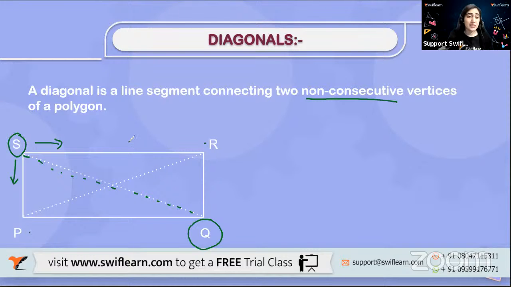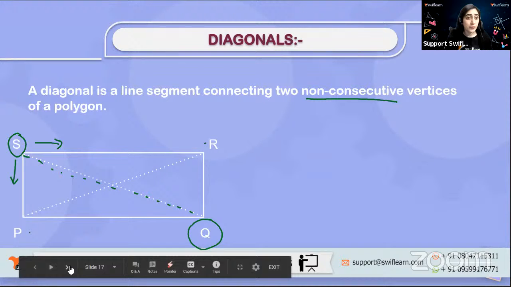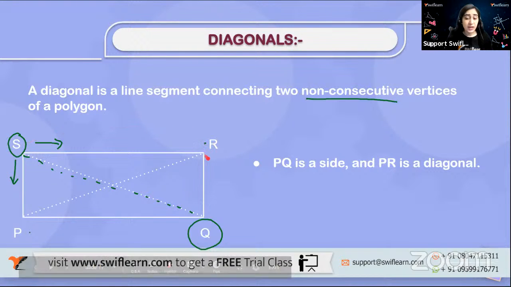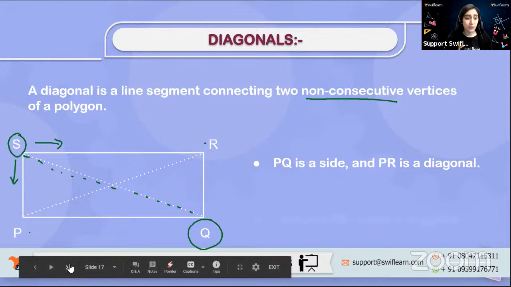So in this case, we'll say SQ is a diagonal. For P, PR will be the diagonal, and for the SR side, SQ will be the diagonal. We can say it for the SP side as well. SQ will be the diagonal. Clear with this?